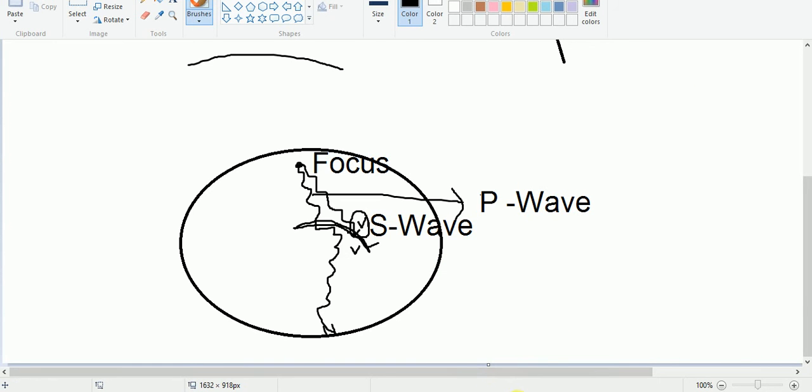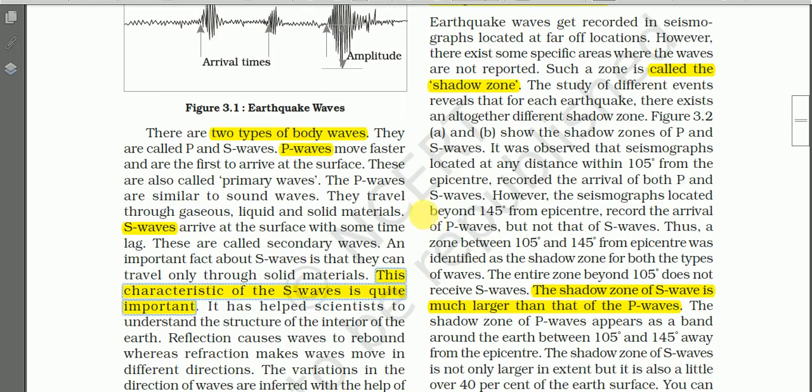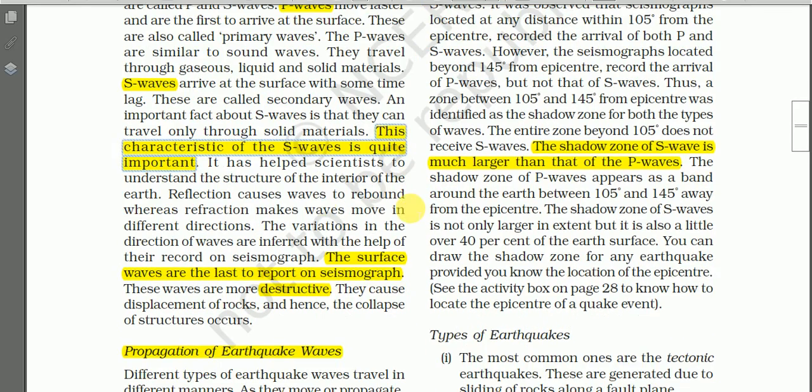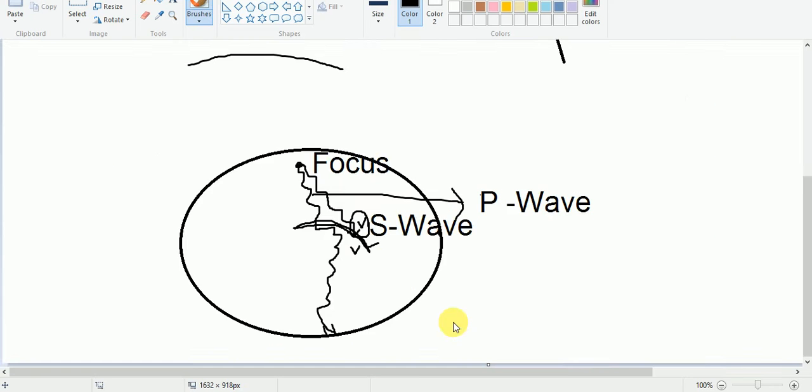Okay. Any question from your side? Any question? See, it is also mentioned here. The nature of the S wave has helped scientists to understand the structure of the interior of the Earth. And one more point you have to learn, and we have also read earlier, that reflection causes waves to rebound. Rebound means this one.